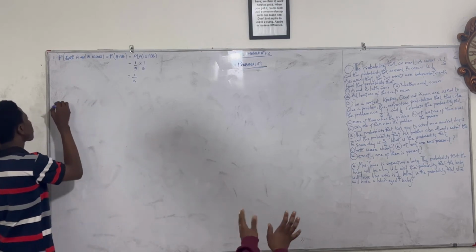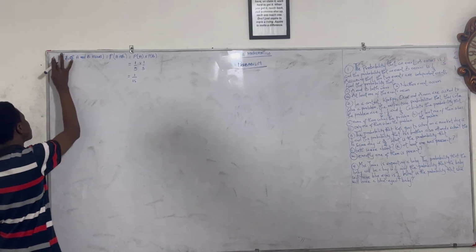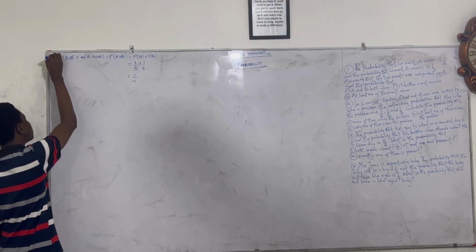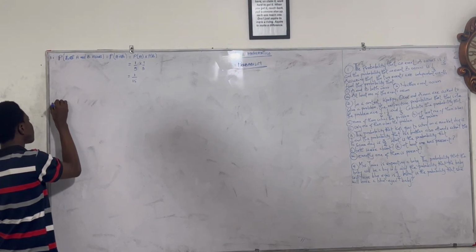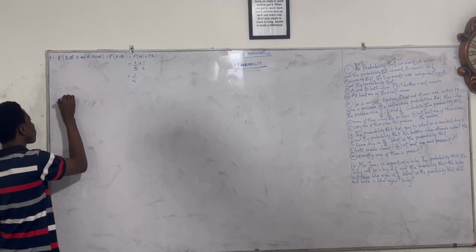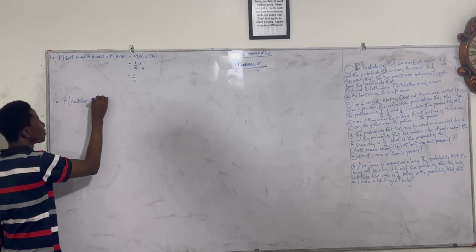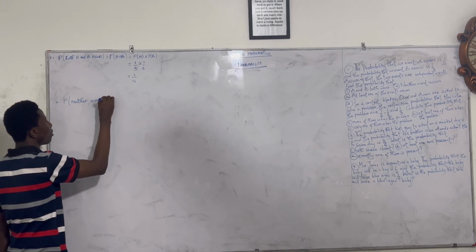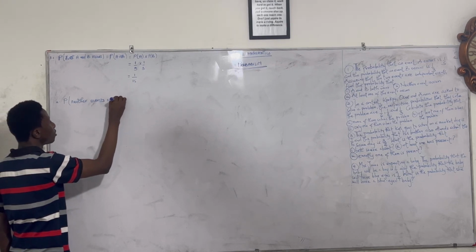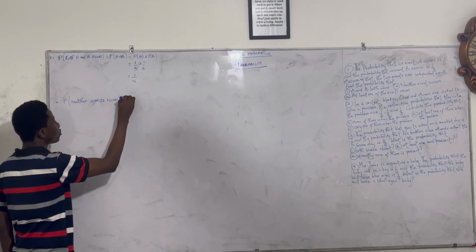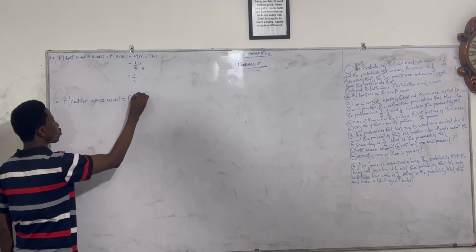Neither event occurs. This is part 1I. The probability that neither event occurs will be equal to, in probability terms, the probability that A does not occur.